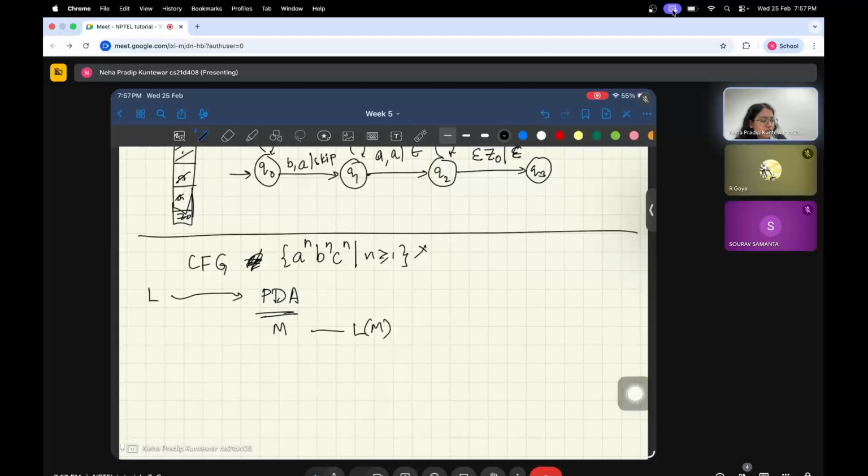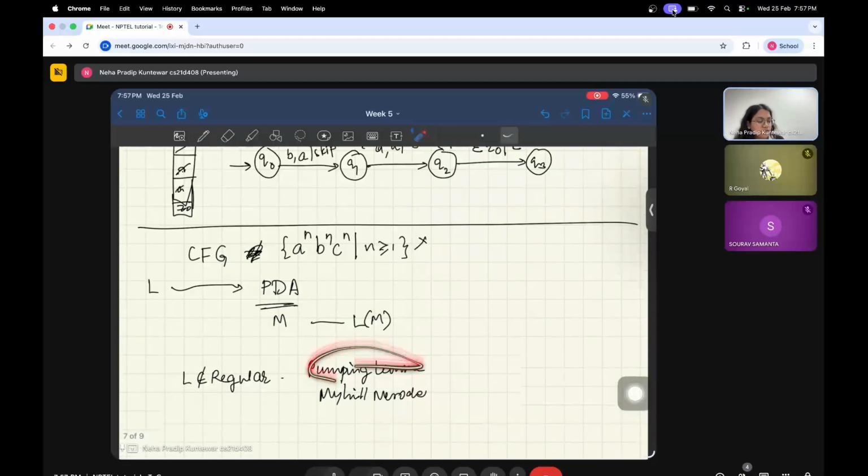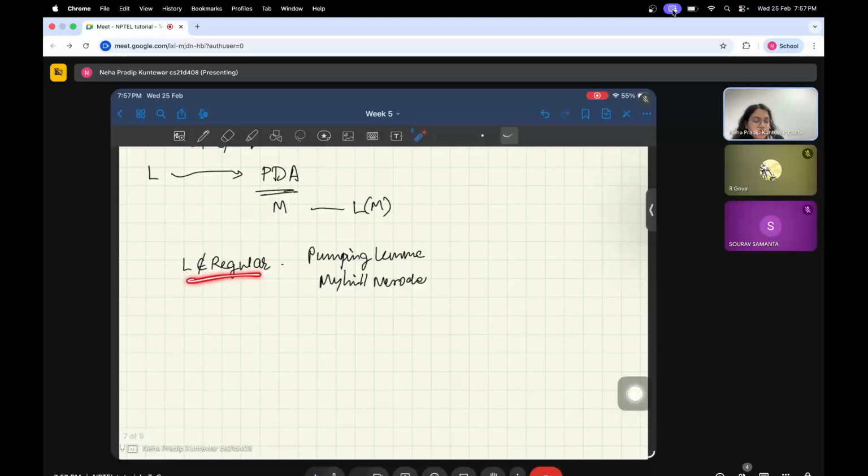So if a language is not regular, then either you have a pumping lemma or you have a Myhill-Nerode rule. The pumping lemma was somewhat weaker, because if a language is not regular, then you can use it to show that, but if a language is regular, you can't use this. Whereas this was a stronger statement, which was that a language is regular if and only if certain properties hold. So you can use it in both directions, to show that a language is regular or to show that a language is not regular.